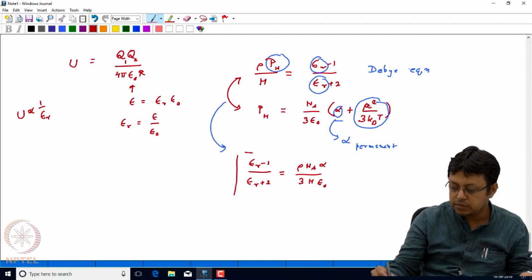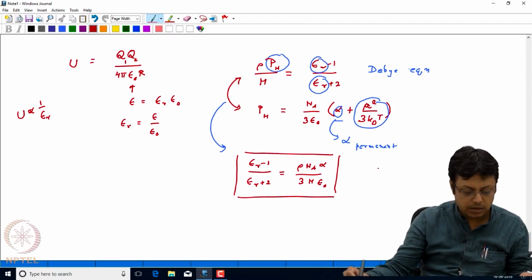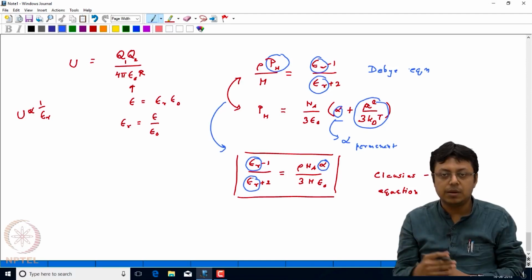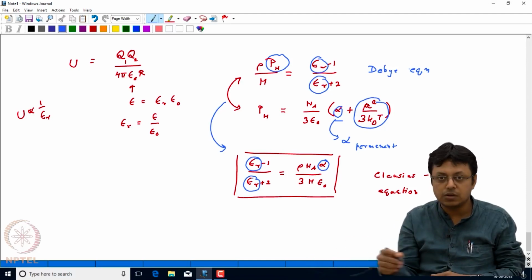Now this equation is known as the Clausius-Mossotti equation, which basically connects the macroscopic dipole moment P_m. We have actually eliminated P_m in this equation, which basically connects the polarizability alpha with the permittivity, or the relative permittivity epsilon_r.